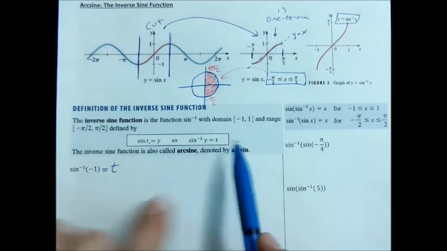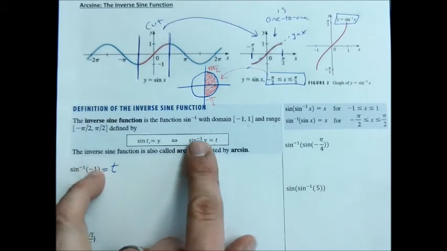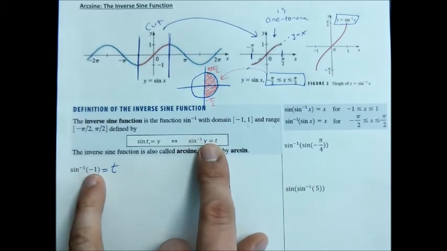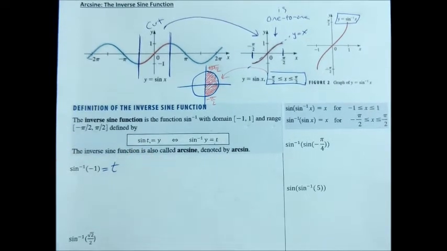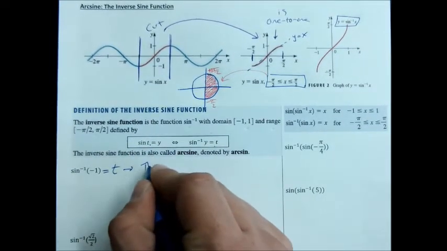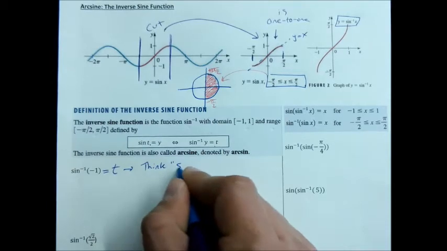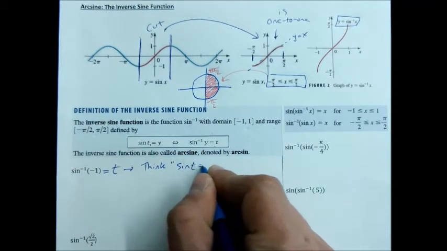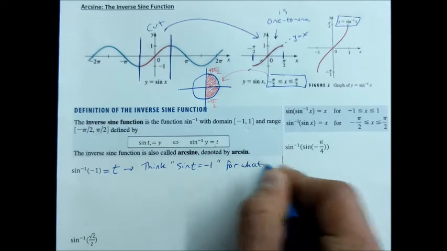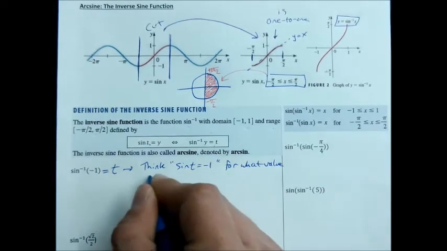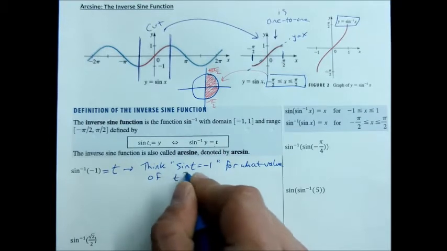So I'm going to rewrite this equation in this form, which gives me something to work with. Here's how we think about this. We think, sine of t equals negative 1 for what value of t?